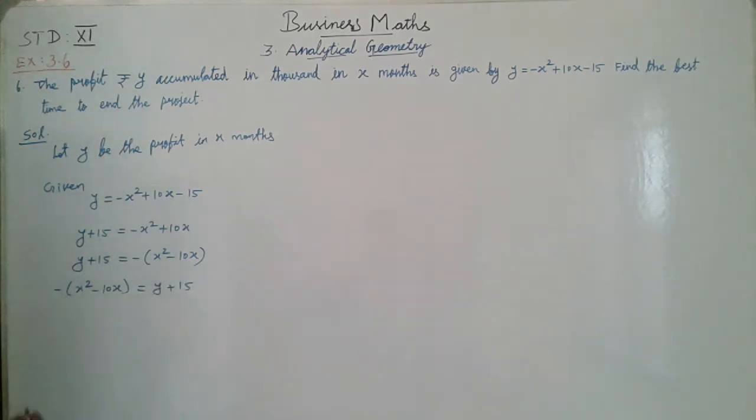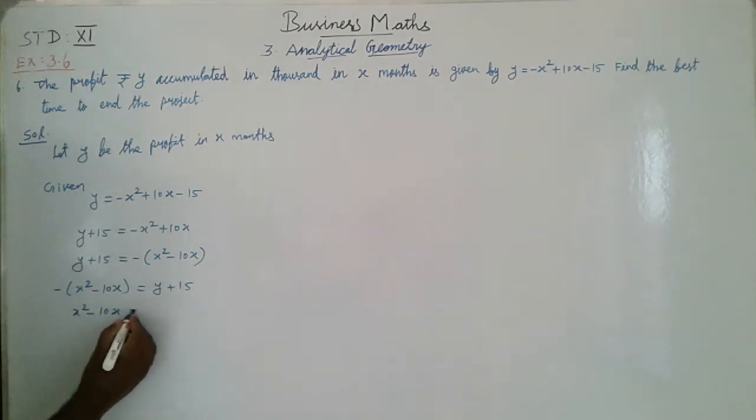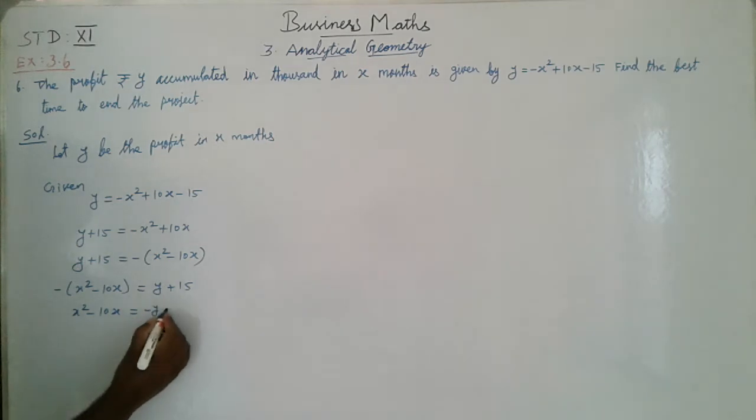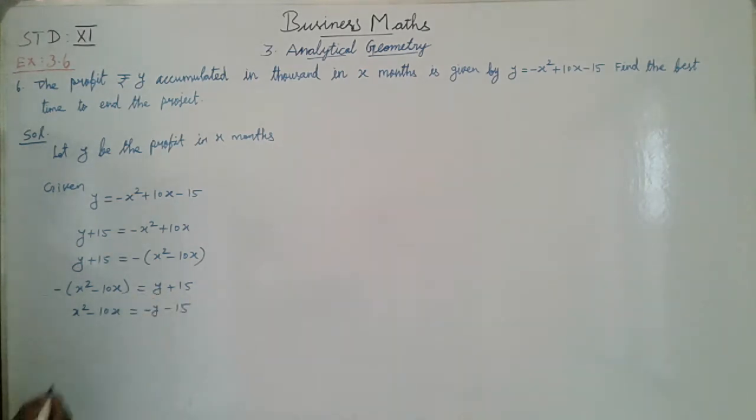Multiply by minus: x square minus 10x equal to minus y minus 15.